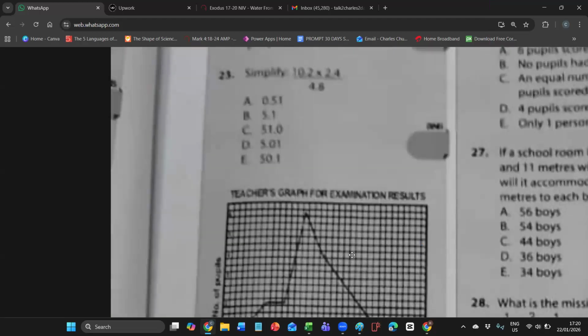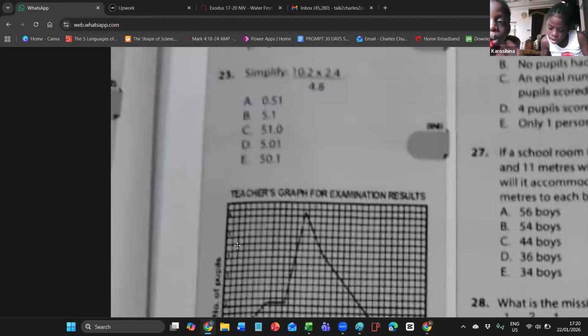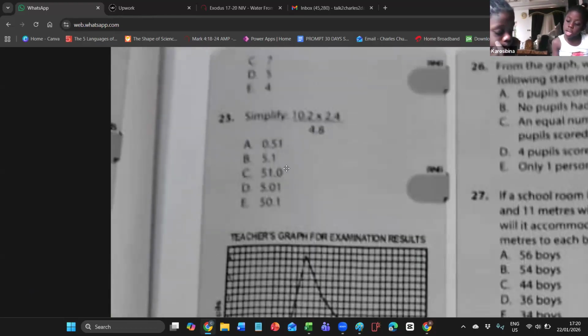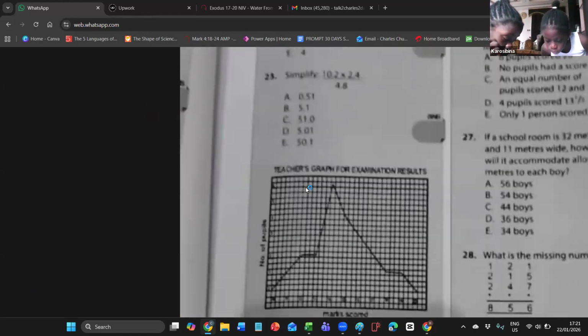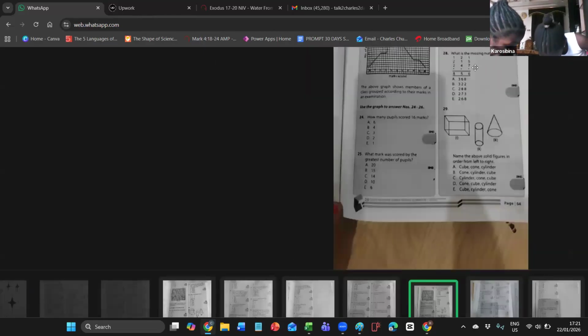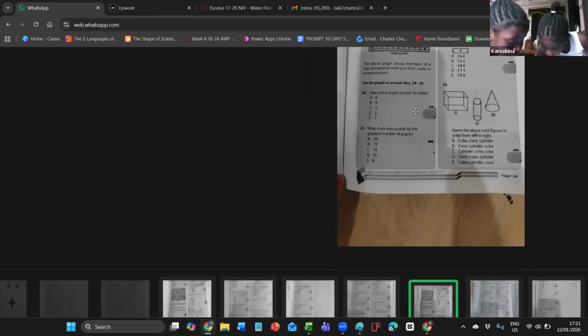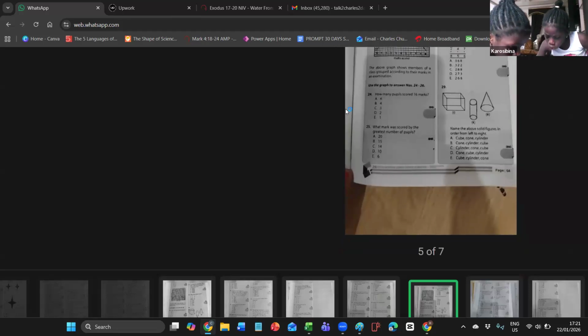I can't really see number 26. I have to zoom out. 26: from the graph, which of the following statements is not true? Six people scored 20. Let me see. No people scored 10. Correct. An equal number of people scored 12 and 13.